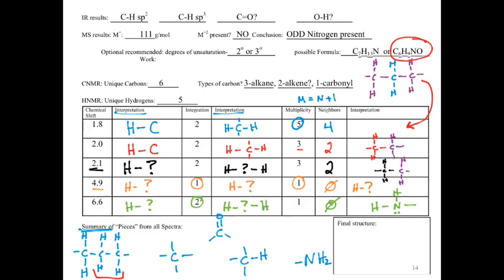Alkanes in my carbon NMR, I've got my alkanes, I've got my carbonyl, but I don't have that alkene. Okay? And the IR shows support for that too. Okay? We've got a potential CH sp2 showing up. And that means that this hydrogen that we just put onto our carbon needs to be attached to an sp2 carbon.